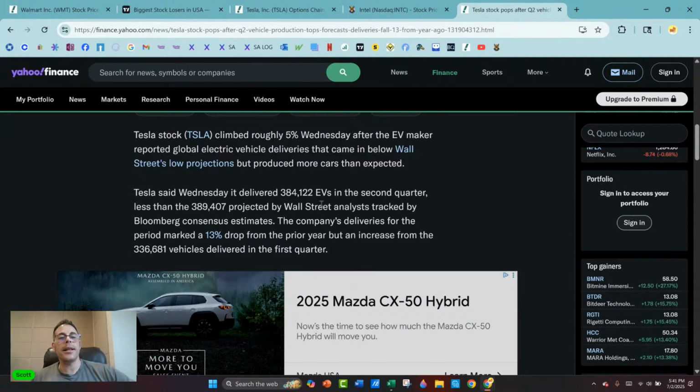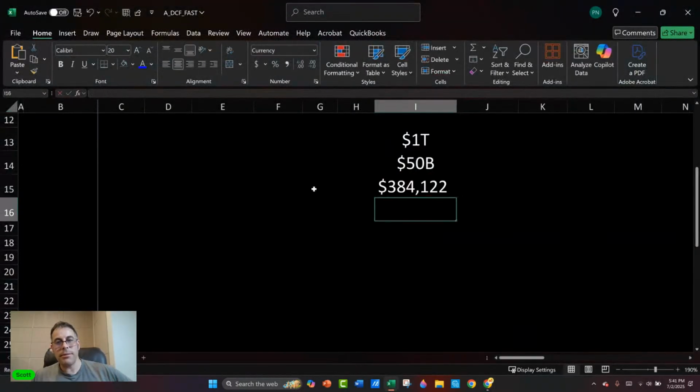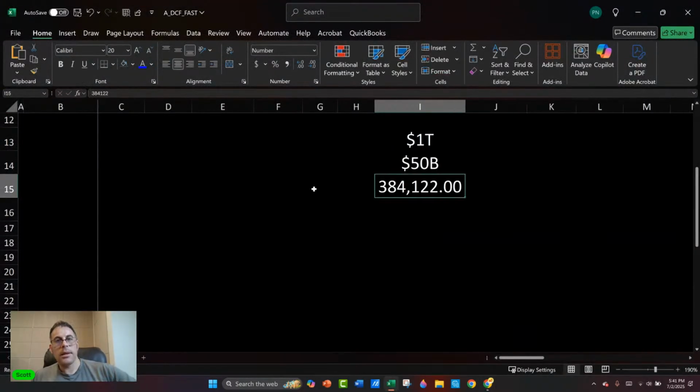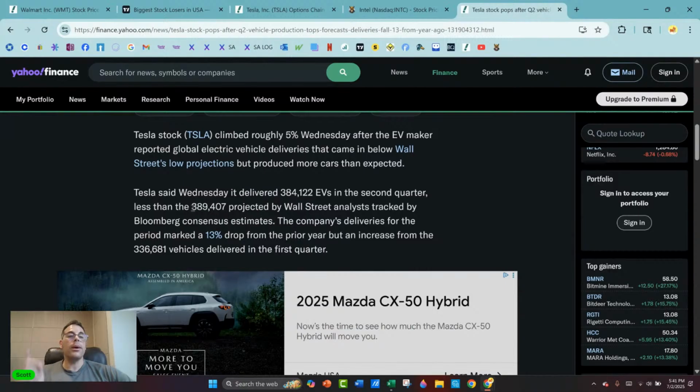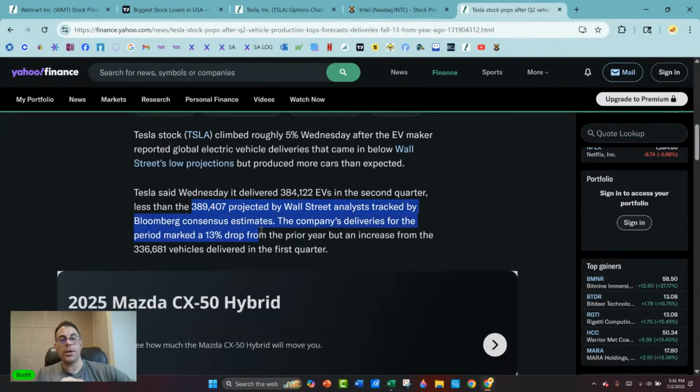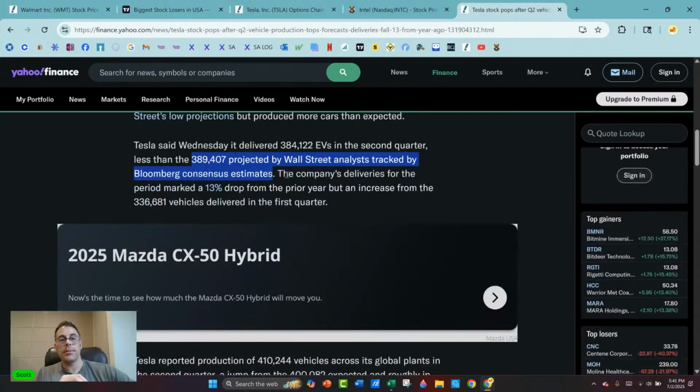Okay, Tesla said Wednesday it delivered 384,000 EVs in the second quarter. Is that its highest ever? 384,000 EVs in the second quarter, which is less than the 389,000 projected. So it didn't meet the target, which is interesting.